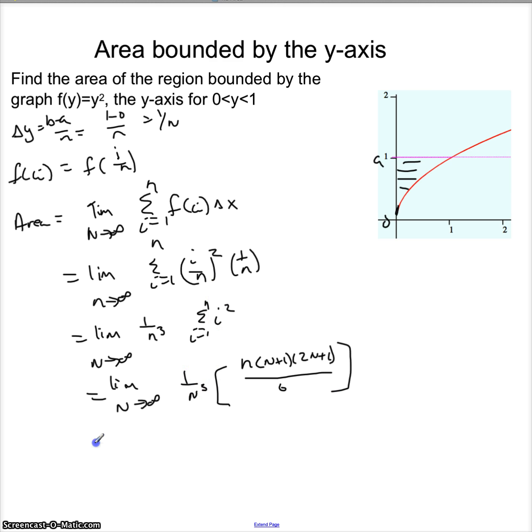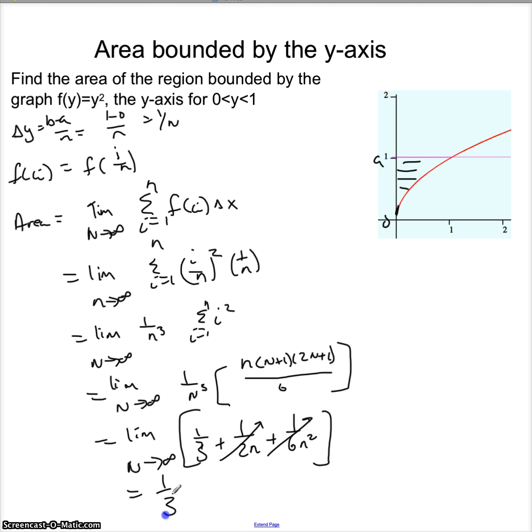Now if you do this, you get the limit as n approaches infinity of 1/3 plus 1 over 2n plus 1 over 6n squared. This is equal to 1/3.